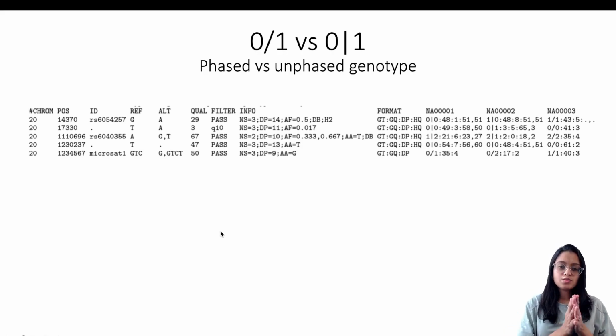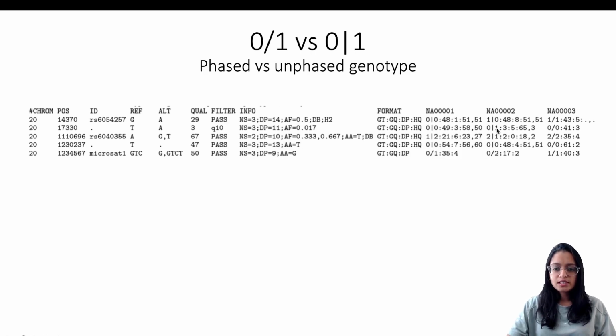So the last part associated with the genotype is the phase. Before going into the details, let us look at these records. For each sample, the first part of the information is the genotype, and in the previous slides we have been discussing what genotypes are and how to read them.